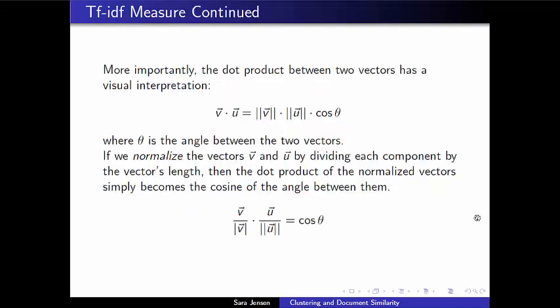However, there's something more important about the dot product of two vectors, which is that it has a visual interpretation that's going to end up being very useful for us. So in general, still abstractly, when we take the dot product of two vectors, what we end up getting is the norm or the length of those two vectors multiplied together, and then also times the cosine of the angle between those two vectors.